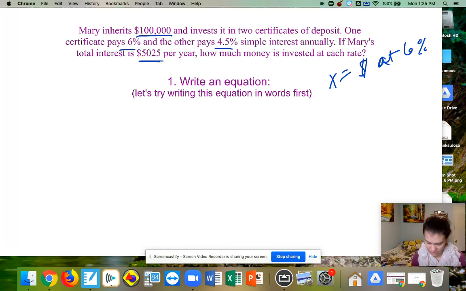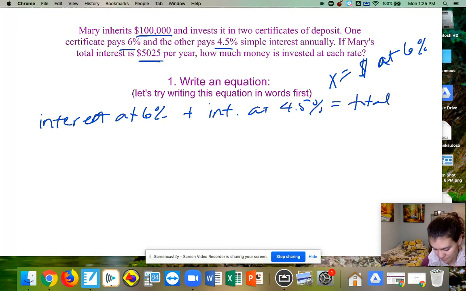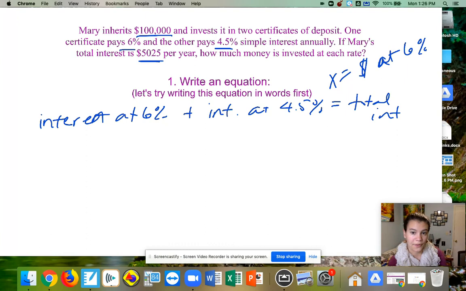So if we write this out, you have your interest at 6% plus the interest at 4.5% equals your total interest, right? But then how do you calculate interest? Interest is the money invested times your interest rate.